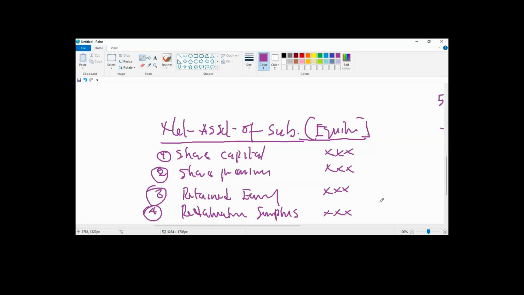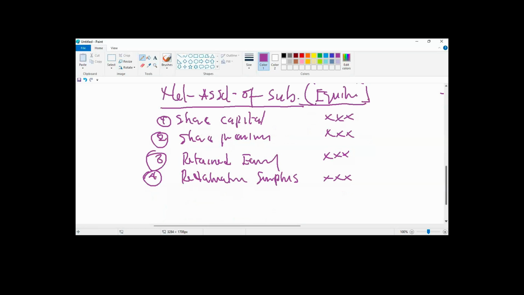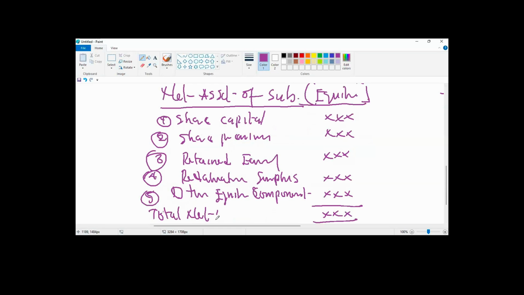And the last one, other equity components. This will give me total net assets. But it is very rare to see a question that will give you all the five. Which ones are compulsory to be given in a question? This and this. It's compulsory.